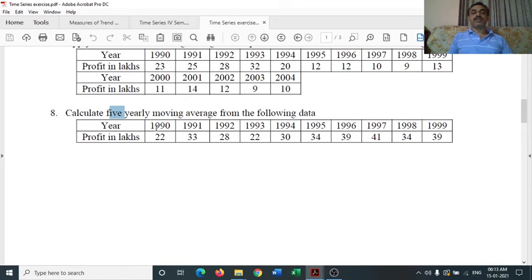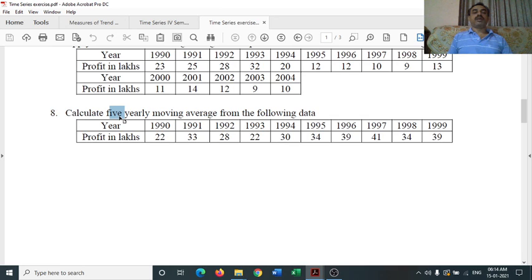So the first bunch consists of 1990, 1991, 1992, 1993, 1994. That is the first bunch. And the last bunch will be 95 to 99. And since the periodicity is an odd number, we have unique middle years in all these cases. This problem, in question, you can complete yourself.